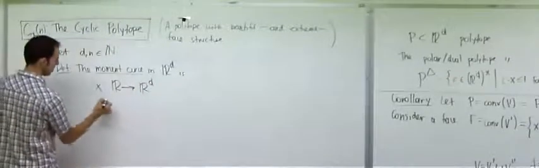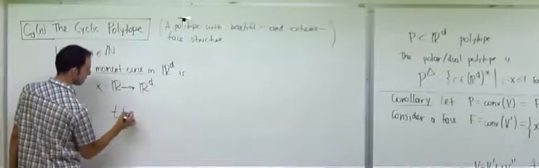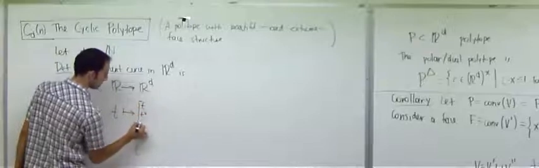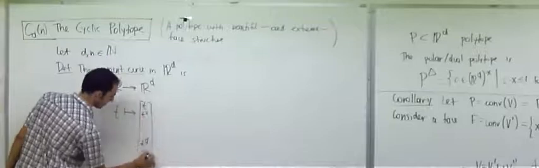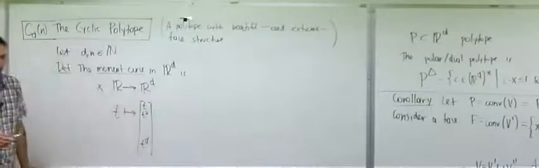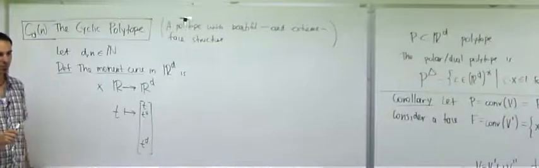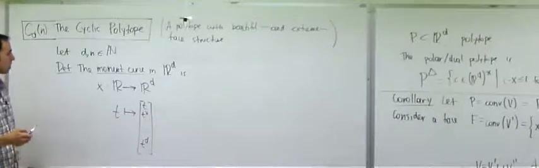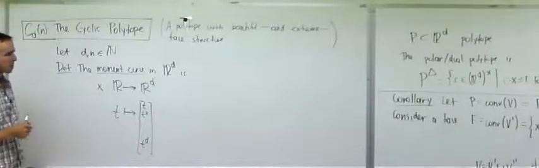So let's consider the map from R to R^d that takes t to the column vector t, t squared, up to t to the d. Okay. You should realize this is not at all a linear function. This is maybe the first non-linear, non-affine thing that we see. That's the moment curve. Okay. So for example, what is the moment curve in R^2?